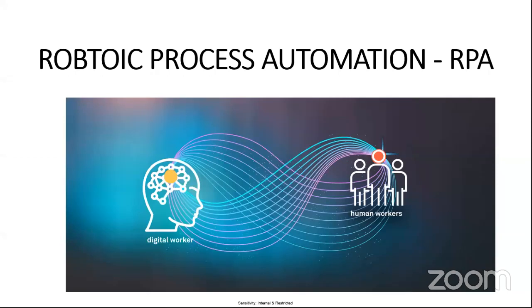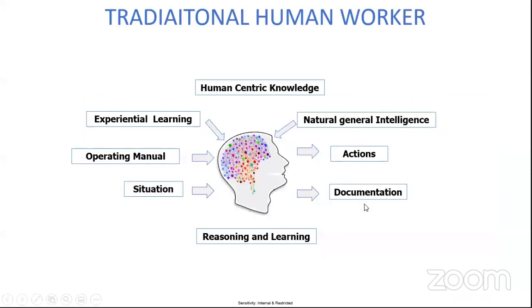So before I go to defining what robotic process automation is all about, let's look at how humans work today. We all work with a certain knowledge that we carry.